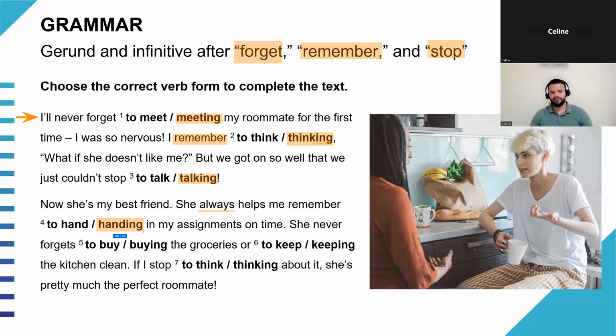So if you say a routine with the ing, then it doesn't make sense. It's not correct. So because it says always, we're actually going to use to hand, okay? Does that make sense? Kind of, Celine?